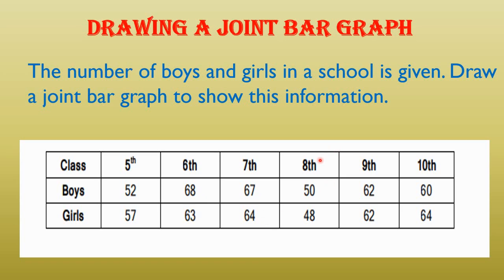In 8th standard 50 boys and 48 girls are there. In 9th standard 62 boys and 62 girls are present, and in 10th standard 60 boys and 64 girls. So from this information we have to draw a joint bar graph. So let's see.